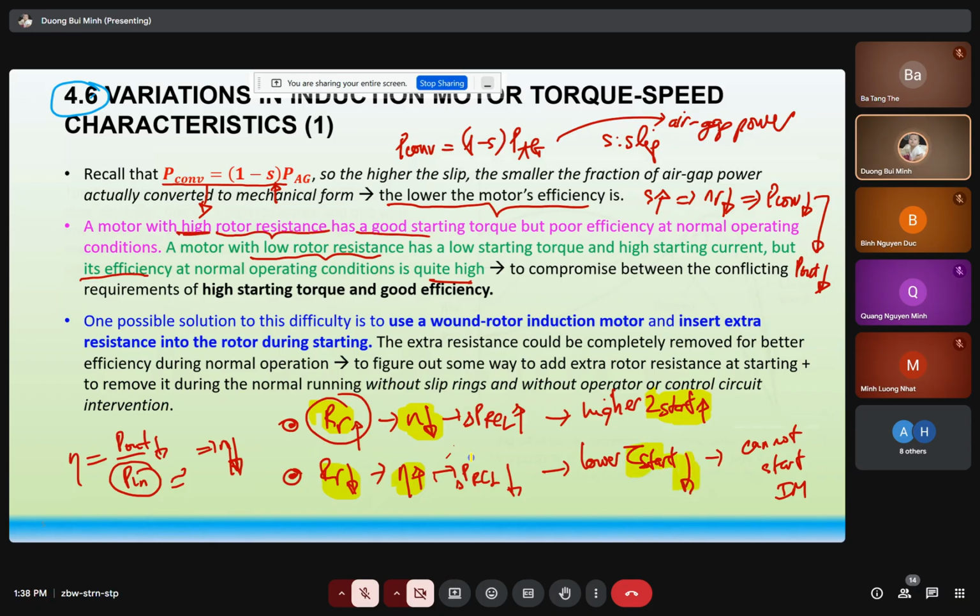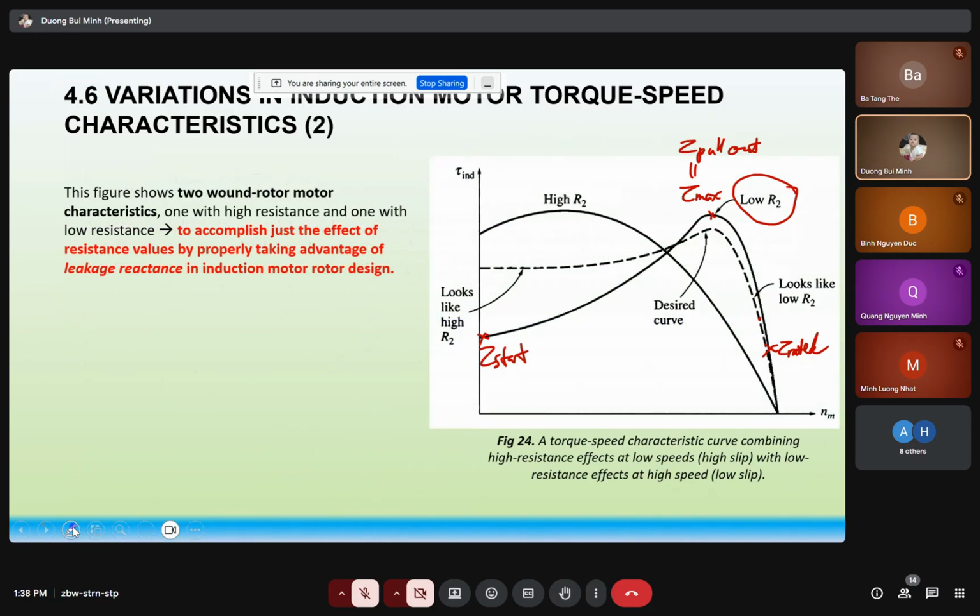Look at this one. You can see if R2 is higher, now this one is the maximum torque, or pull out torque, and the starting torque is higher. But here we have S_max.